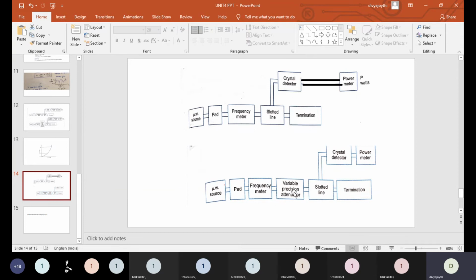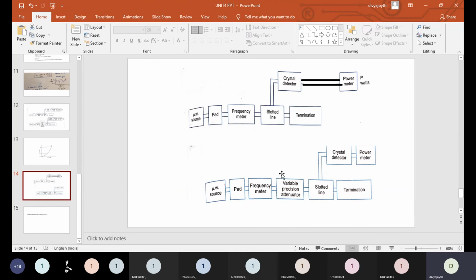Here we vary this variable attenuator in such a way that setup 2 should produce 5 watts of power. Whatever power the first setup has produced, setup 2 should also produce. To get that power, you vary the variable attenuator.